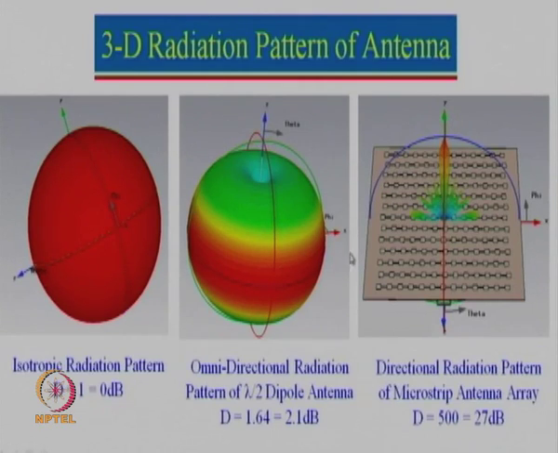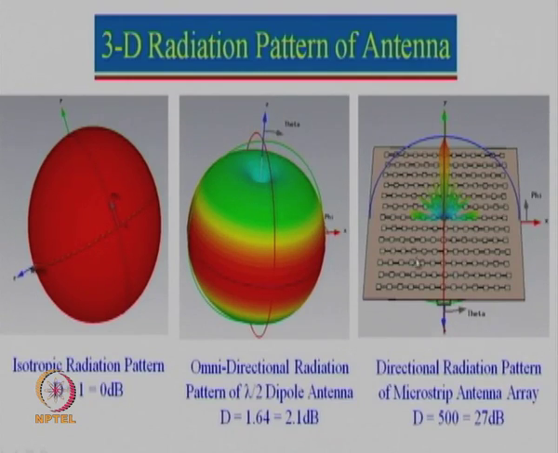Then here is an example of a directional antenna. I have shown the radiation pattern of a microstrip antenna array which we have designed at IIT Bombay. You can see that there are a number of elements on this side and a number of elements there, and we are feeding these. In fact, we have used a series feed over here, and to feed the elements in this direction we have used a slotted waveguide antenna here.